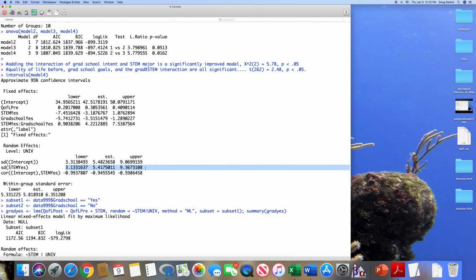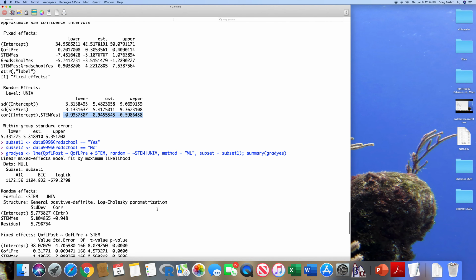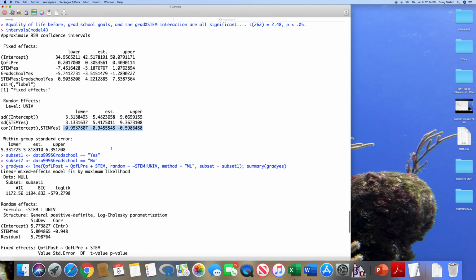We have statistical significance for the standard deviation of the slopes, and we have statistical significance at the 0.05 level for the correlation between the intercepts and the slopes. So this is generalizable.